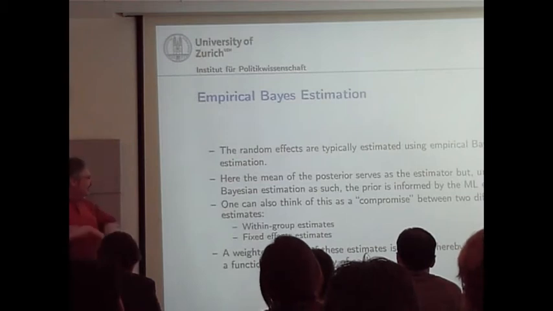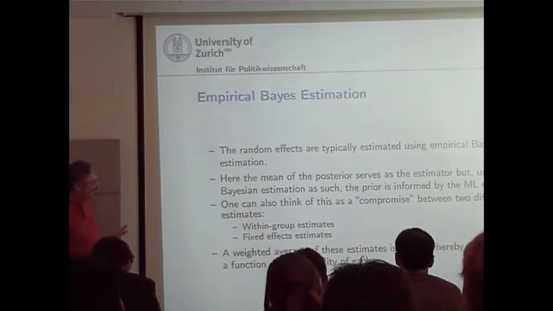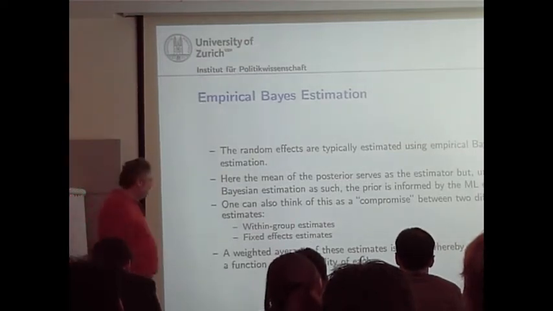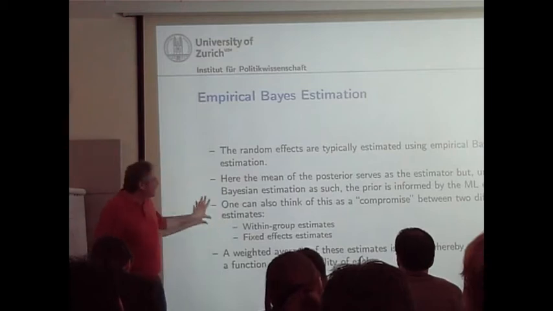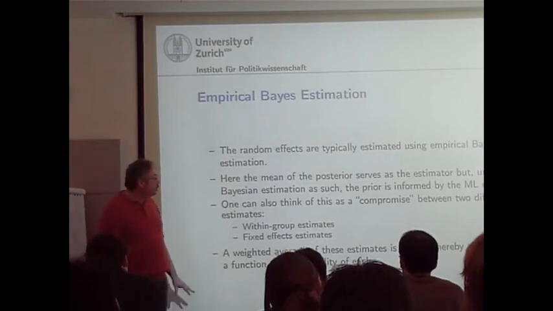But nevertheless, you can get this sort of posterior that you can then use to say something about these random effects. Now, what effectively happens is that these empirical based estimates that you get out of this posterior are a compromise between two different estimates.